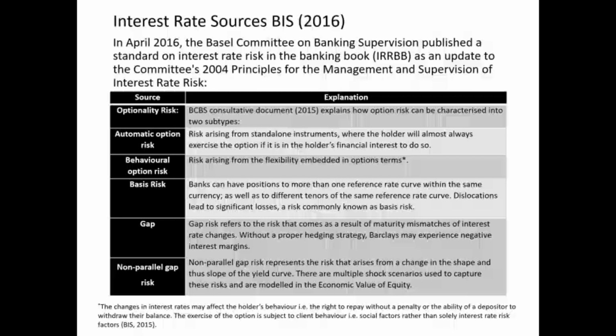This table here is an example where we've tried to apply it to a bank, using evidence from the likes of Barclays on how this risk impacts a bank like Barclays. So when you need to discuss the potential sources of interest rate risk, do refer to the 2004 document, but then demonstrate your knowledge of how the sources have changed to the new regulatory document of 2016.